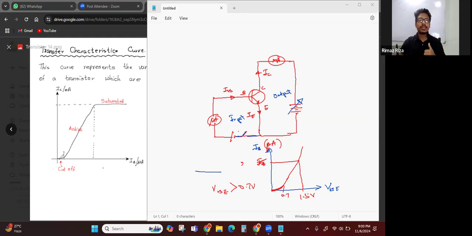Therefore, it is known as the cutoff region. But once the BE junction is biased and there is some IB current in the range of microamperes, the transistor becomes active.